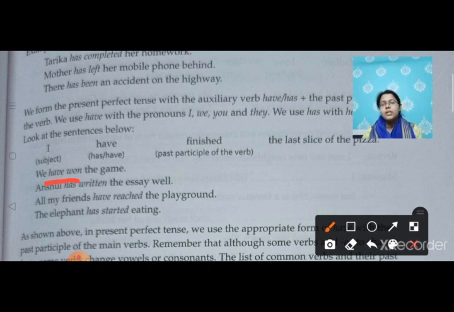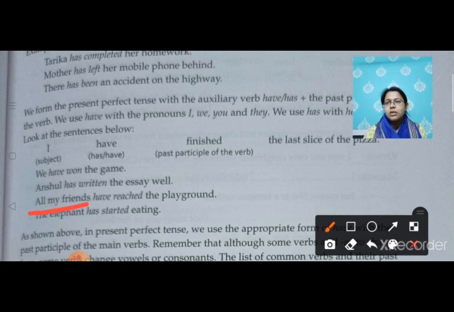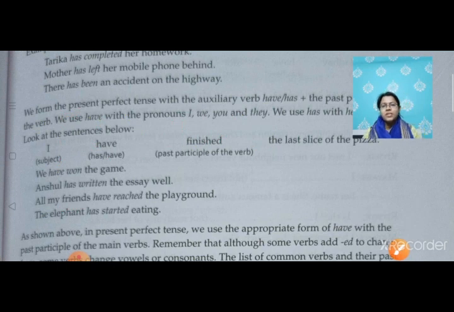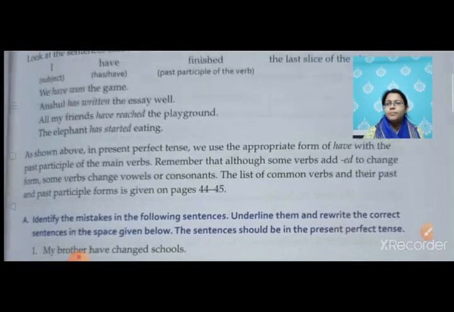Anshul represents थर्ड पर्सन सिंगुलर, इसीलिए उसके साथ हमने यूज़ किया है हैज़ रिटन. ऑल माई फ्रेंड्स, दीज इज थर्ड पर्सन प्लूरल, राइट. ऑल माई फ्रेंड्स मतलब काफ़ी सारे हैं, तो थर्ड पर्सन प्लूरल है, इसलिए हमने वापस हैव यूज़ किया है. एंड द लास्ट वन, द एलिफेंट, इट अगेन फॉल्स इन द कैटेगरी ऑफ थर्ड पर्सन सिंगुलर. ओके.